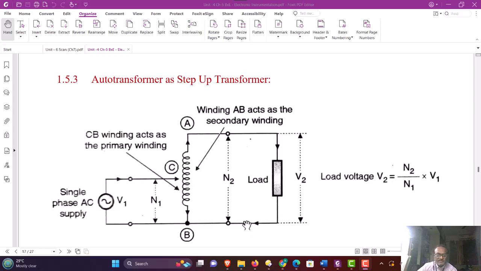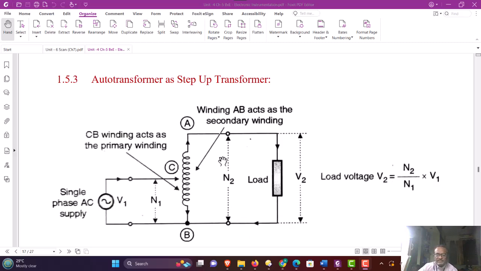Again, as per the transformer theory, the turns ratio N2 by N1 is equal to V2 by V1. And therefore, load voltage V2 is given by N2 by N1 into V1. Here we will see that N2 is always greater than N1, and therefore V2 is always greater than V1.